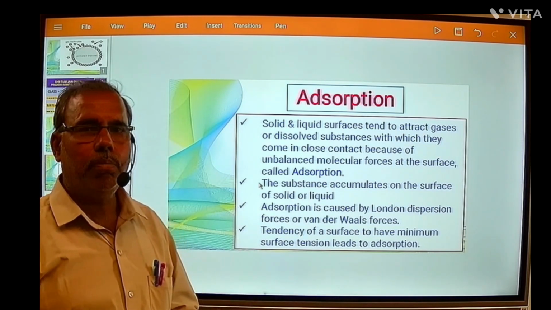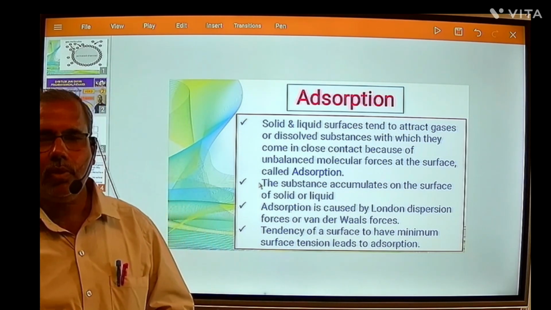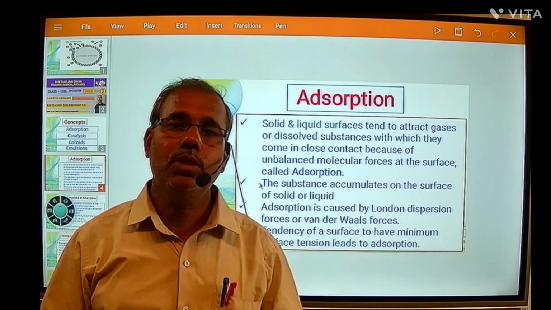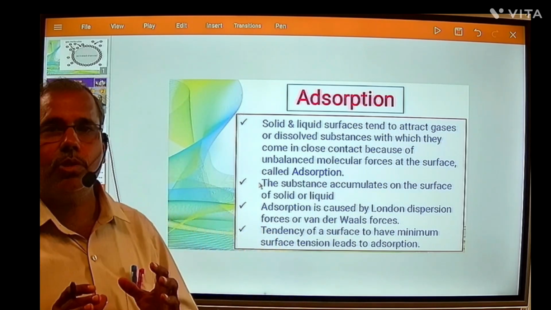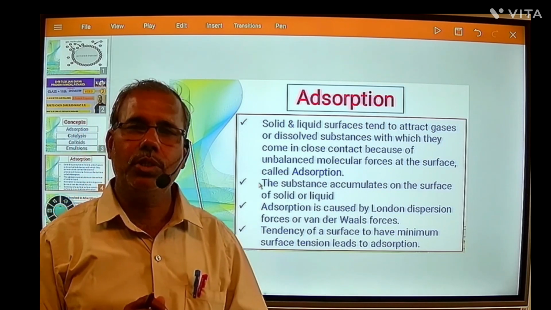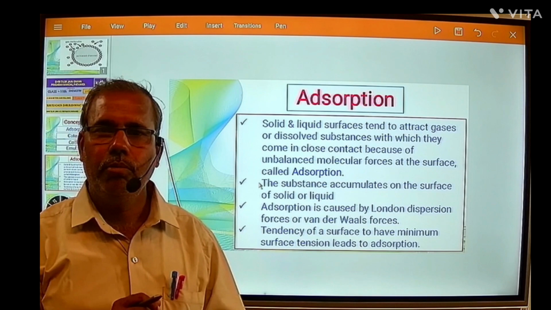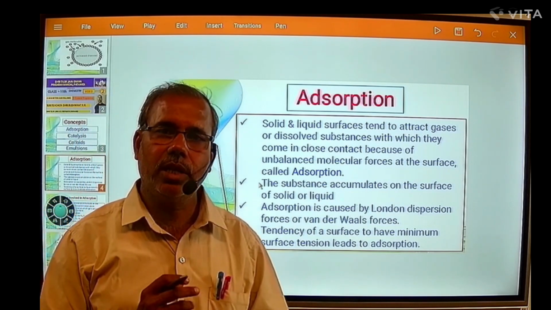This is because of unbalanced molecular forces at the surface of that solid or liquid. The molecules at the surface experience unbalanced forces.